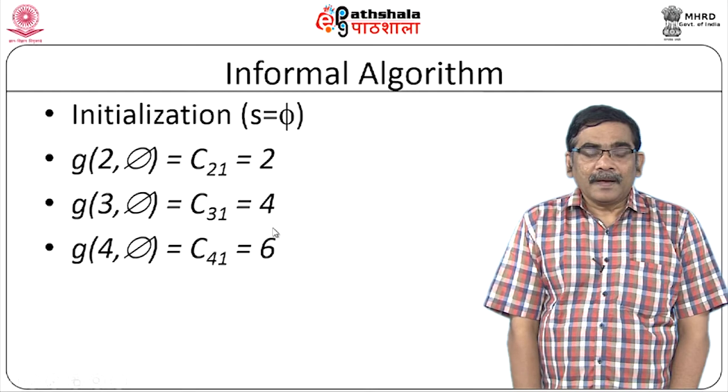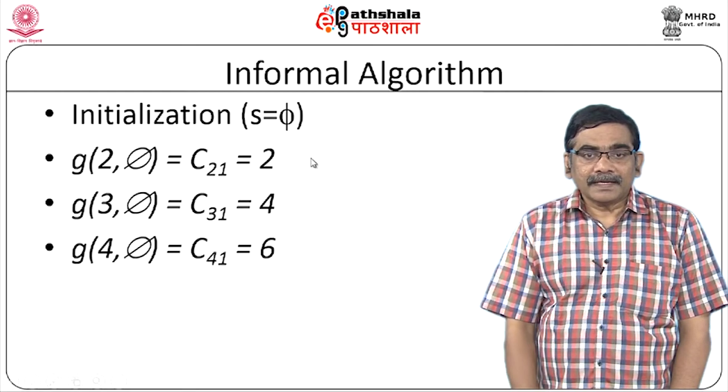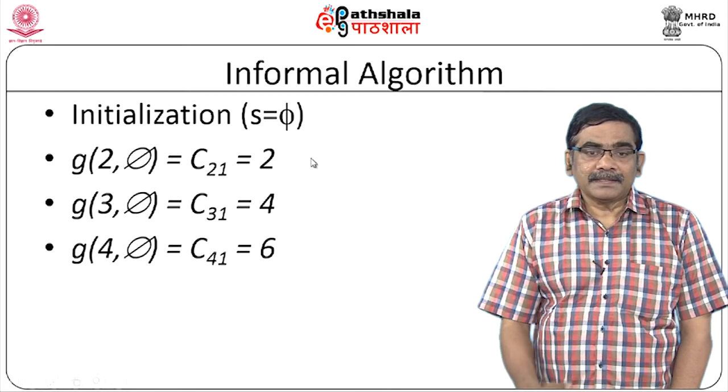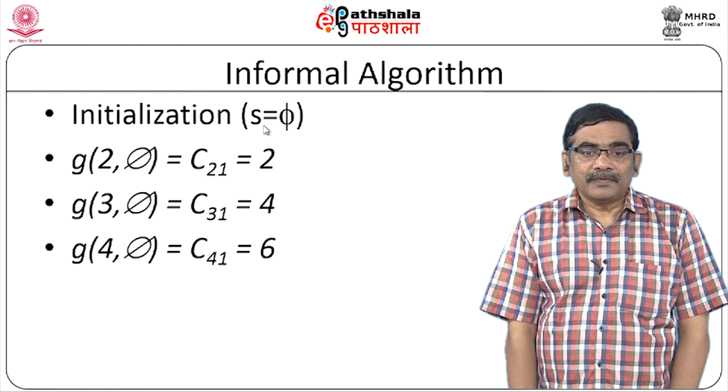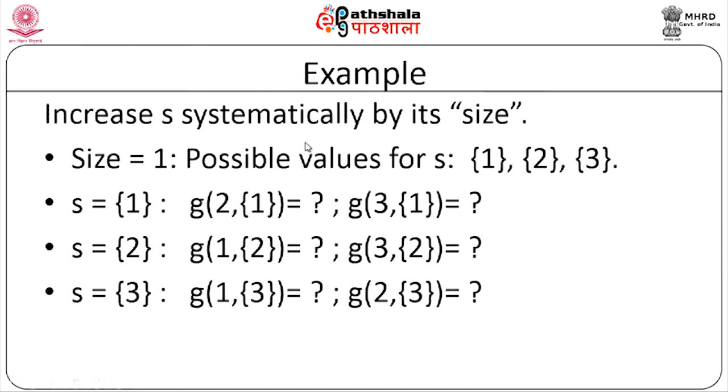Now, what is the next step? The next step is we have to increase the size of S. If we increment the size of S by 1, then the possibilities become more. Suppose the size is increased, then the possible values are 2 to 4.